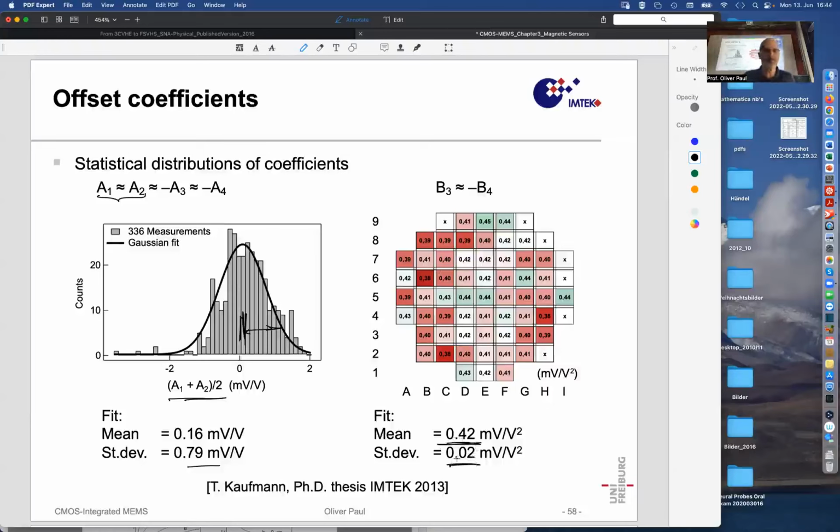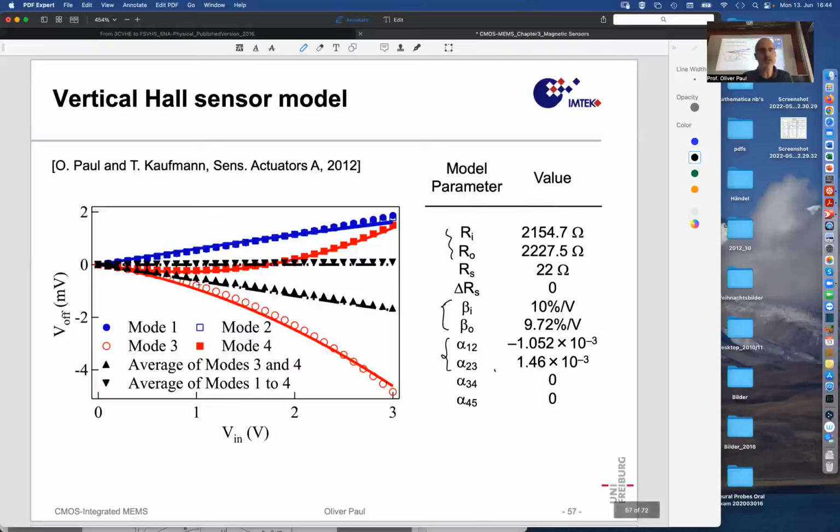Yeah? So with this, we could think about the real cause of the imperfection of the sensor, because given these large offsets and these effects, it was not amazing that the average of all the curves, namely the average of modes 1 to 4, was not sufficiently close to zero to make a high resolution magnetic field sensor.